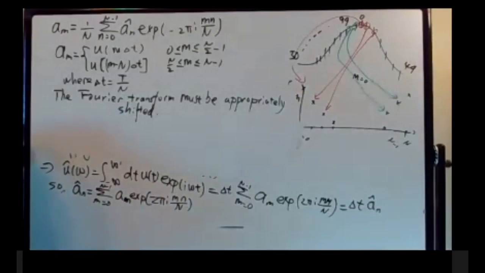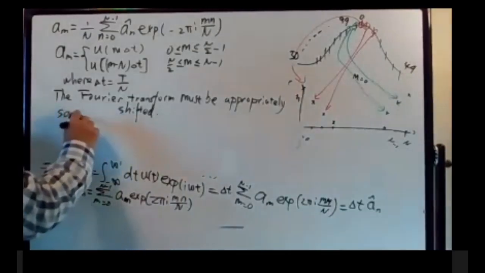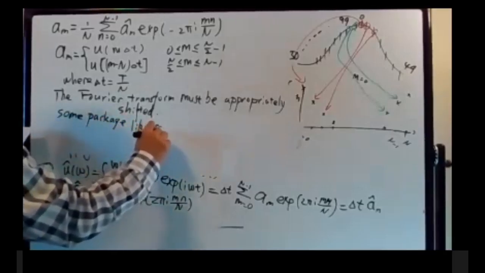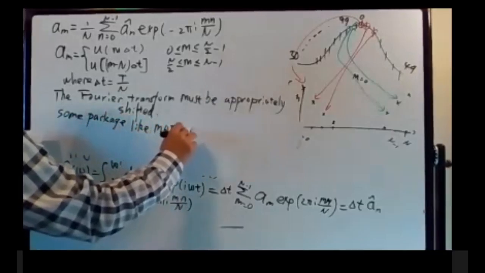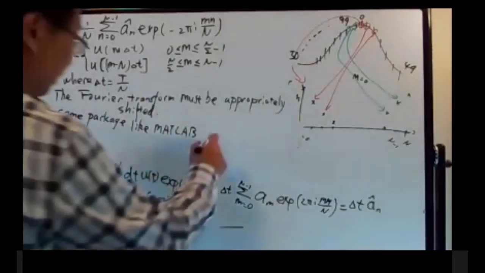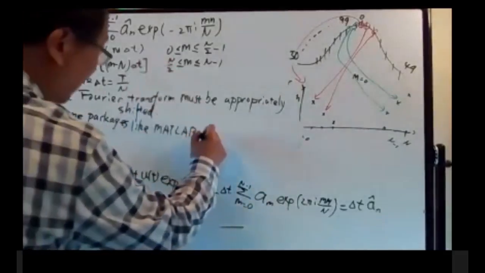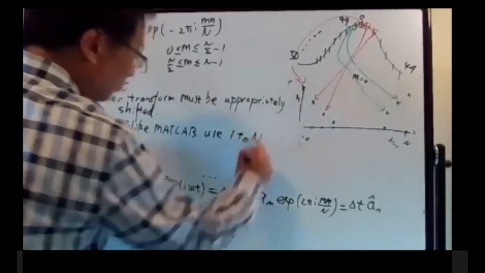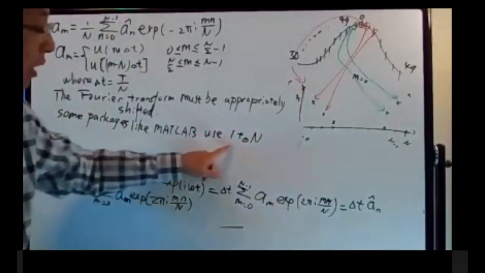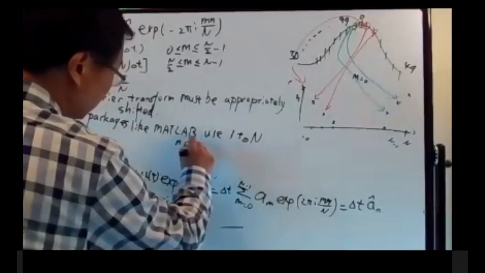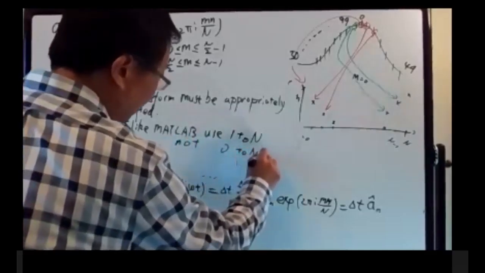And also some packages like MATLAB, which we will be using for our class, use 1 to N. They don't have the index 0, so it's 1 to N, not 0 to N minus 1.